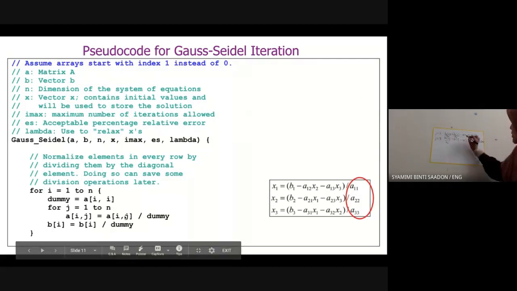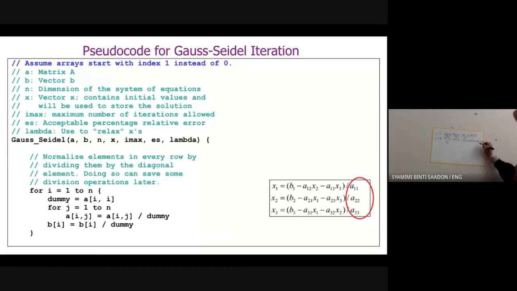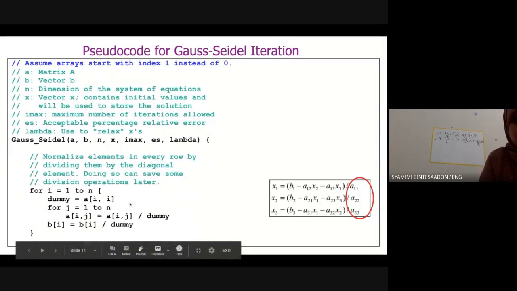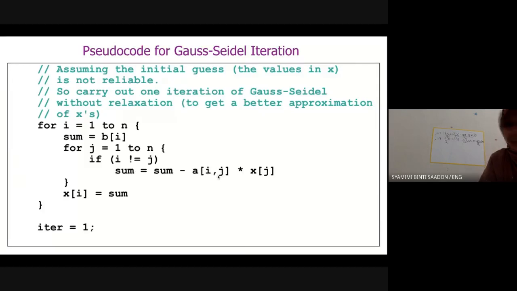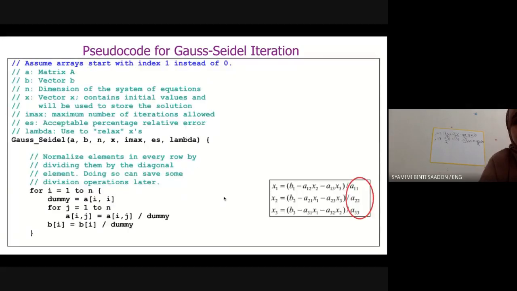Also the A1J you already divided. Because you divide first in this first loop, in the second loop, when you put this Aij, it is actually A12 over A11. So that's how you get it directly. You can call directly x1 equals the whole sum, because it is already divided here.